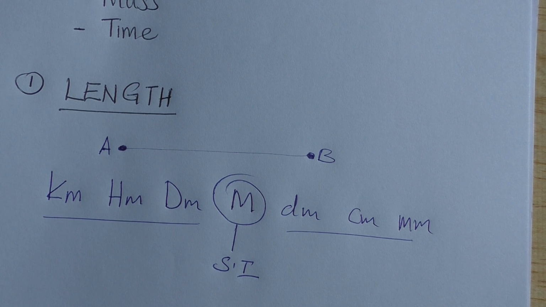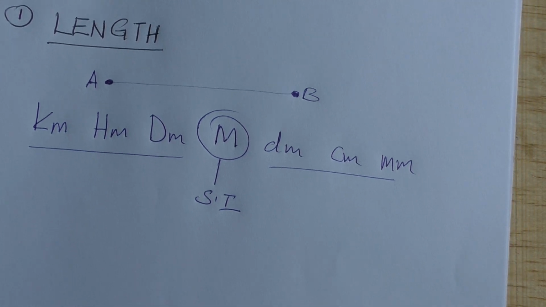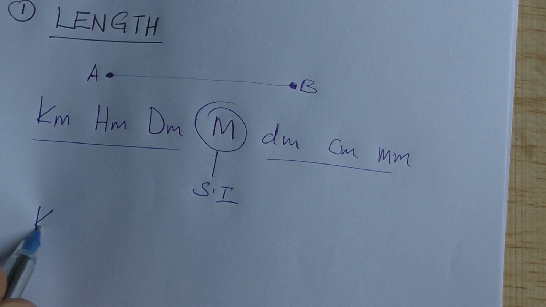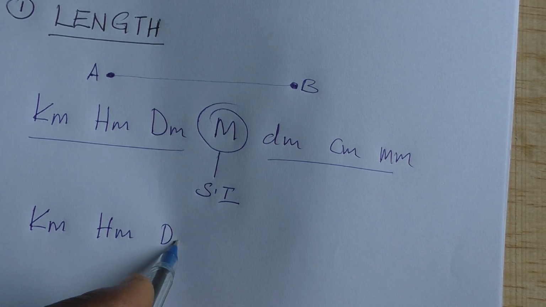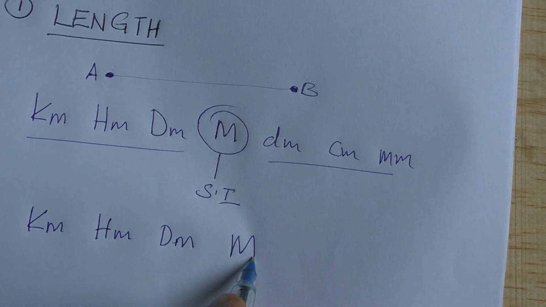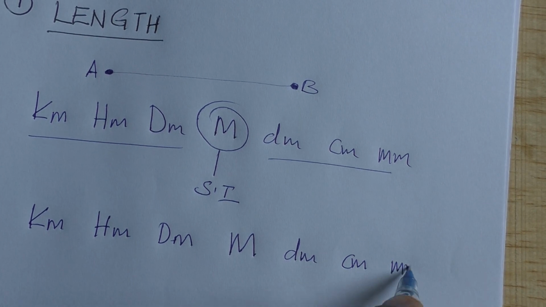And therefore, we can convert from one unit to another. For instance, I have kilometer, hectometer, decameter, meter, decimeter, centimeter, millimeter.